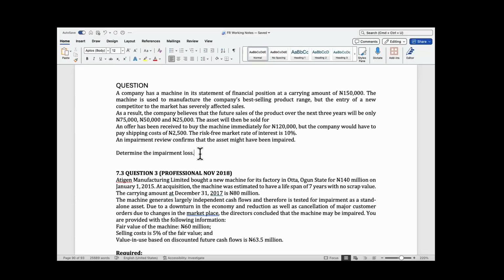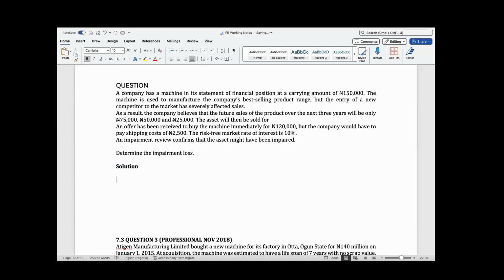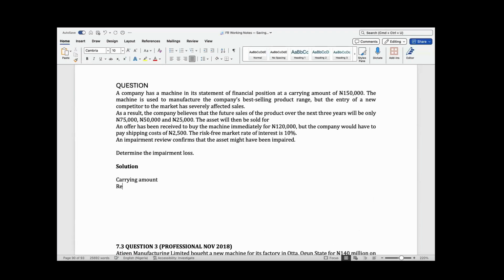Okay, so very straightforward question, very, very straightforward. So in this case, I can see that the focus of the examiner is for me to determine an impairment loss. And in this instance, I would need to get a carrying amount. I will also need to get a recoverable amount. As soon as I get these two, that's it.